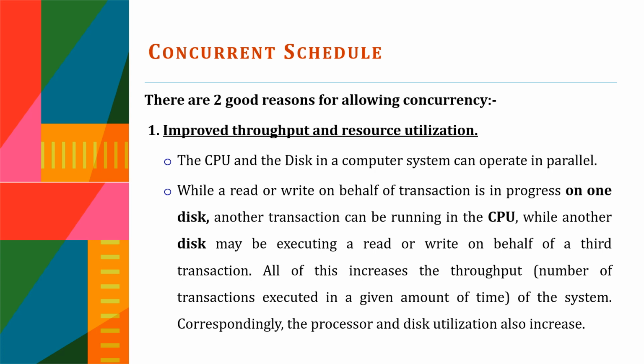All this increases the throughput of the system. Throughput means the number of transactions executed in a given amount of time. So we are doing it in a concurrent manner, and so the throughput and the resource utilization increase.